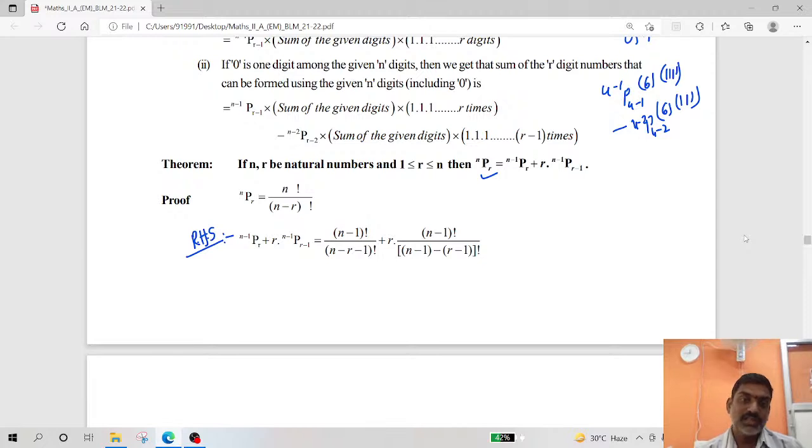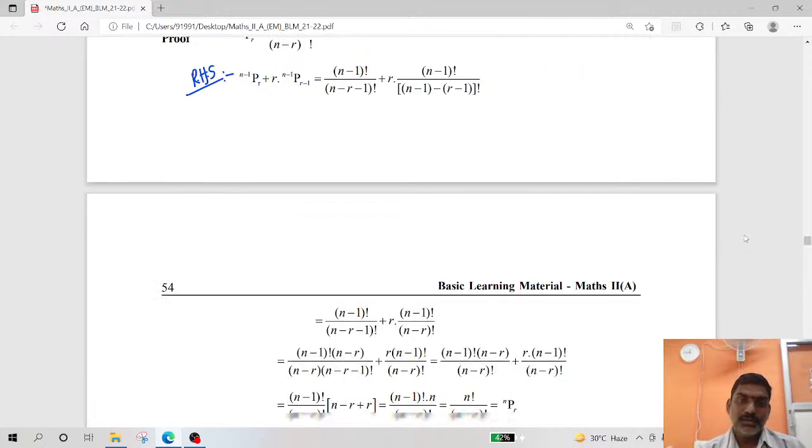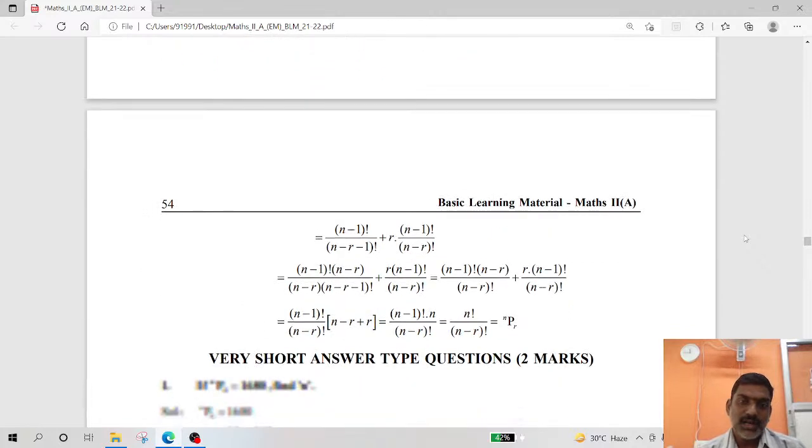So what do we get here? (n minus 1) factorial divided by (n minus r minus 1) factorial is there. Let it be. And plus r times (n minus 1) factorial by (n minus 1 minus r plus 1), so the minus 1 and plus 1 get cancelled, and we get (n minus r) factorial. So here we have (n minus r minus 1) factorial, and here (n minus r) factorial is there.